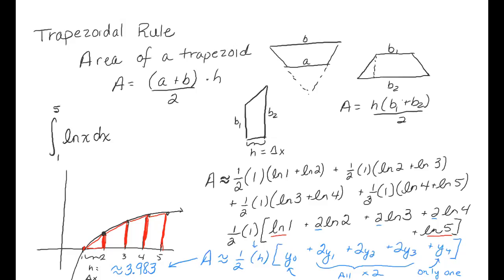So you can see that if you do a ton of these without a calculator, they can get very tedious, especially with lots and lots of subintervals. You shouldn't have to do that too much. All right, so that's the trapezoidal rule.